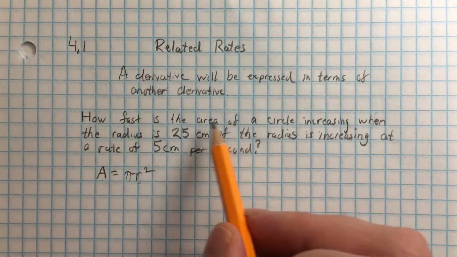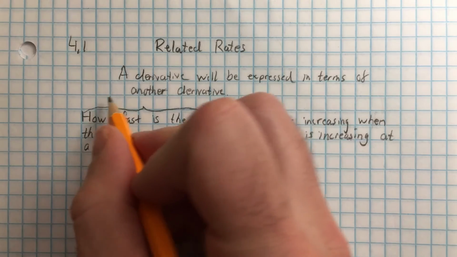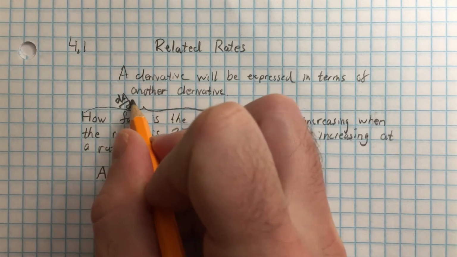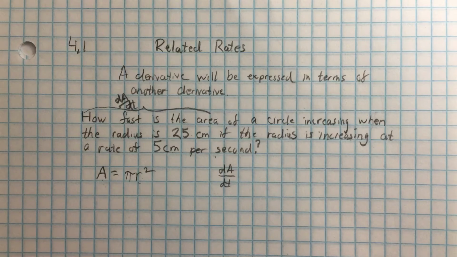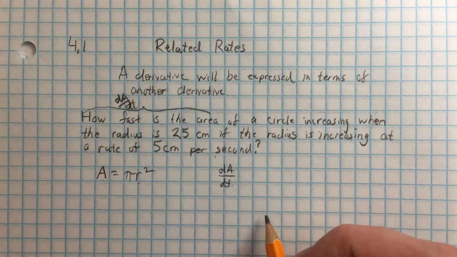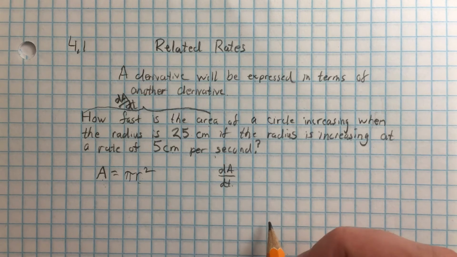The change in the area, dA dt sitting there. There's dA dt. It's how fast the area is changing. Area with respect to time, what is its derivative? Okay, so we're supposed to find that object. We need to find dA dt.